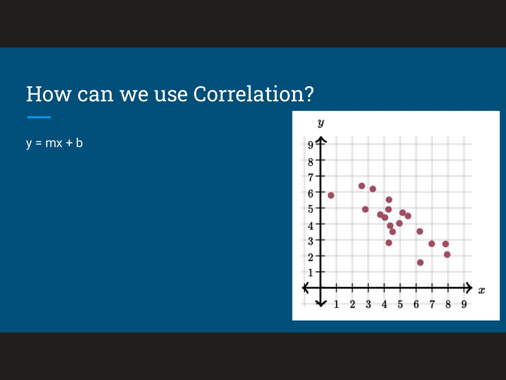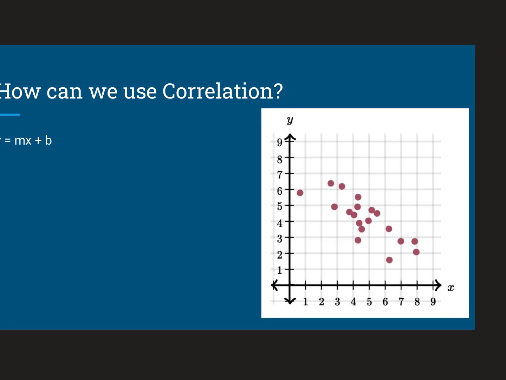Again, I'm looking at this data and I think it's going to have a negative correlation. So I'm going to draw an oval around all of my data points. And when we do this, we can avoid data points that don't look like they match the pattern. We can just ignore those.